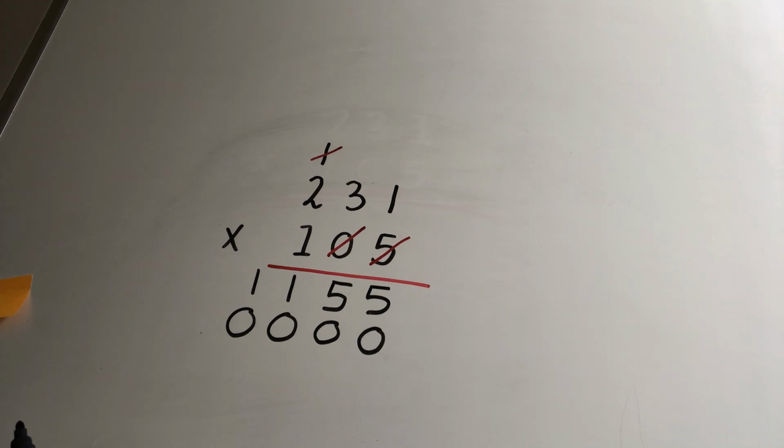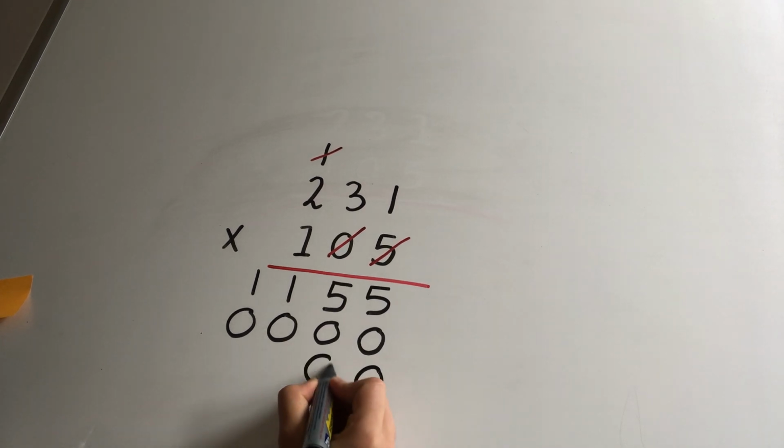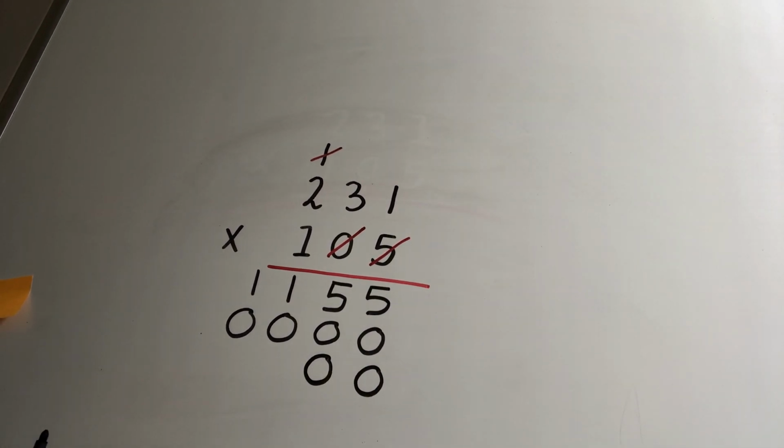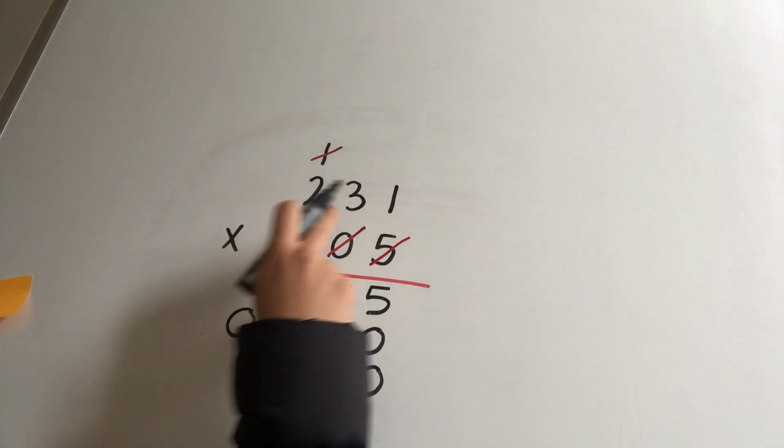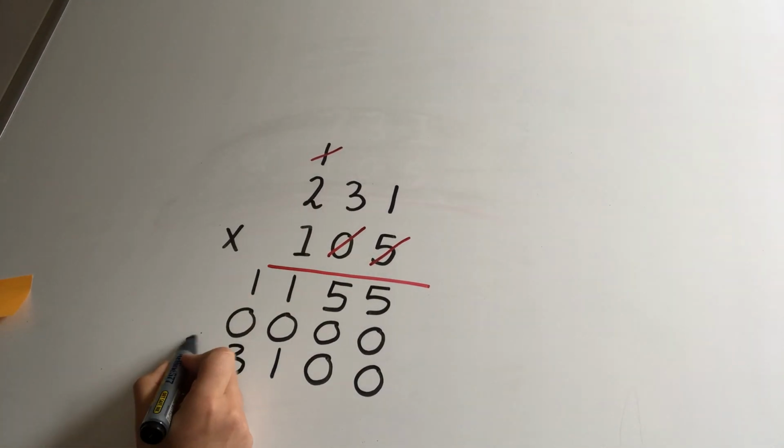Think about how many zeros are in 100. So here we need to put down 2 zeros to represent our hundreds value. Then we multiply as per usual. 1 by 1 is 1, 1 by 3 is 3, 1 by 2 is 2.